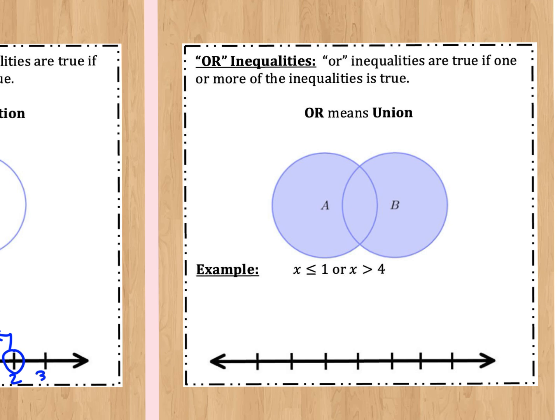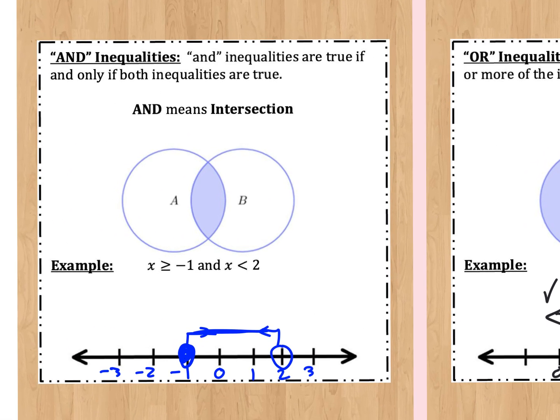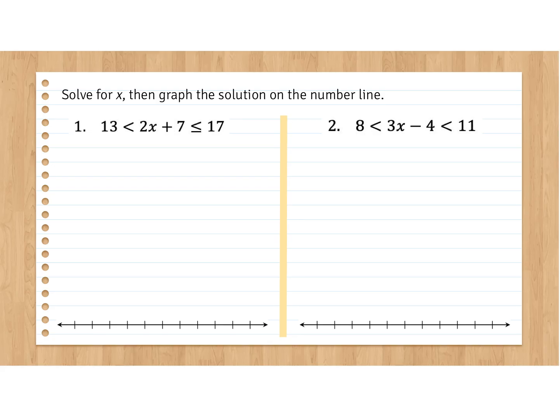So if I say 0, 1, 2, 3, 4, 5, and I say less than or equal to 1 or greater than or equal to 4, as long as it satisfies one of these conditions, it's still a solution to the problem, okay? And this happens quite a bit. You're either going in opposite directions or going in the same direction or towards each other here, okay? So if I look, this would be a compound solution.